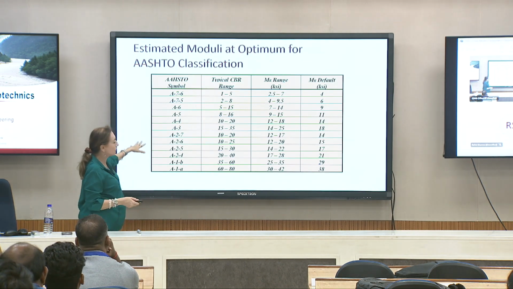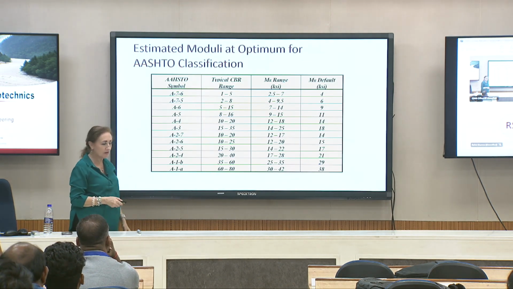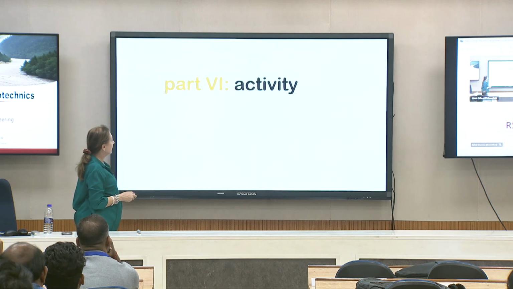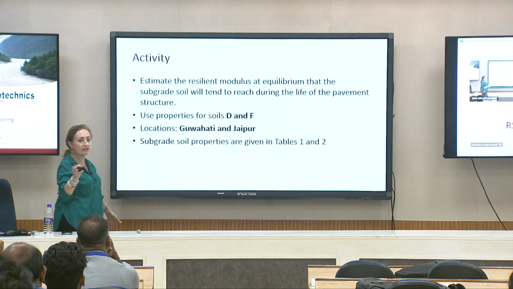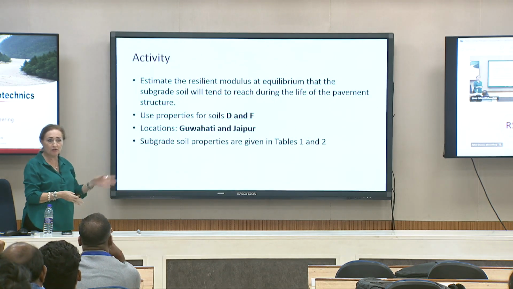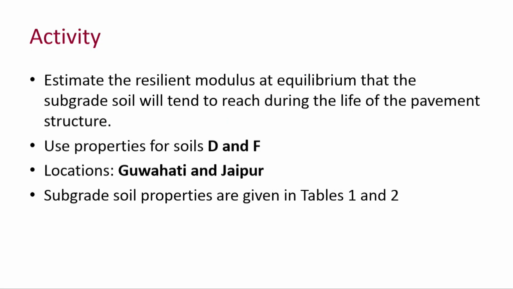And those are pretty much ranges of material that you can use. So the activity is you need to estimate the resilient modulus at equilibrium with these steps that I've just put together for you. And basically, this is the resilient modulus that the subgrade or the soil will tend to reach during the life of the pavement structure.